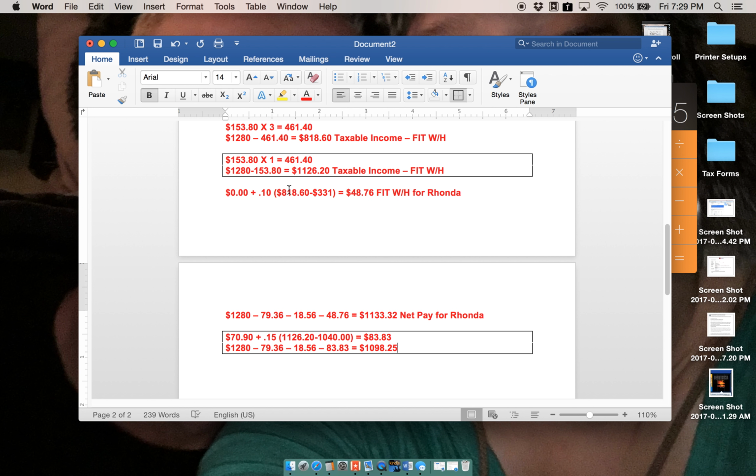And so notice over here, Rhonda got multiplied by 10%, but this other situation went to a higher bracket at 15%. Okay, so it started to increase so that they could take out more out of this person's paycheck than what we did for Rhonda. So Rhonda had higher withholdings, and therefore she had higher net pay, or higher disposable income, for every check as opposed to this other situation that we looked at.